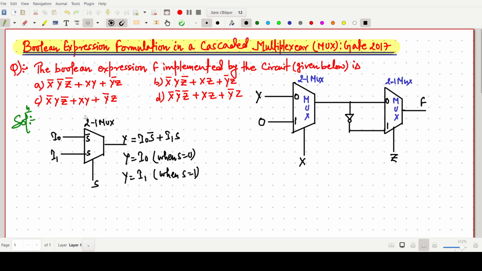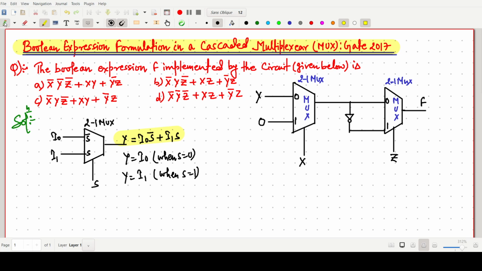So this is the concept. This is a 2 is to 1 multiplexer, and the output of a MUX is simply the sum of products: y equals I naught S bar plus I1 S.